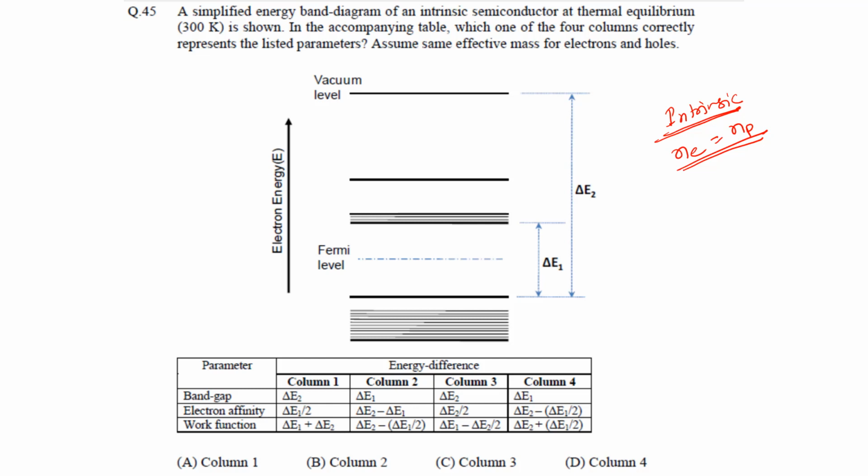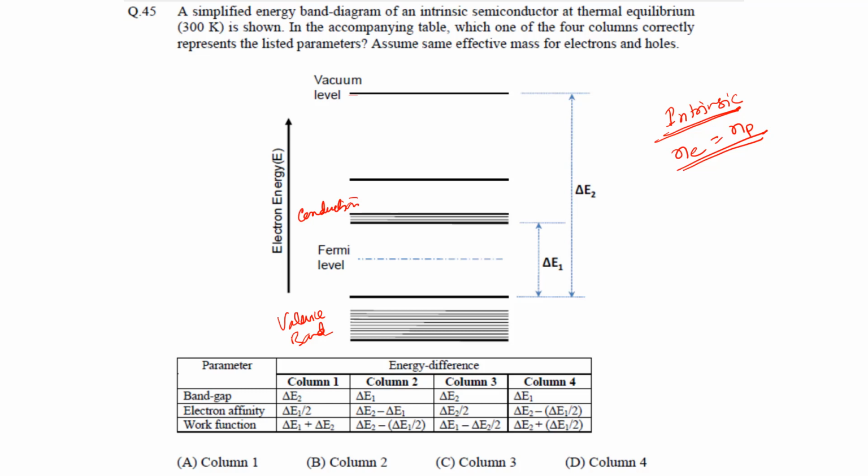So there is balance between the electrons and the holes. So for this type of semiconductor, if you see the different levels, since it is the vacuum level, it is the highest level, and just below the vacuum level is the conduction band, right? So this will be your conduction band, and this will be the valence band, right? And in the case of intrinsic semiconductor, the Fermi level is just in the middle.